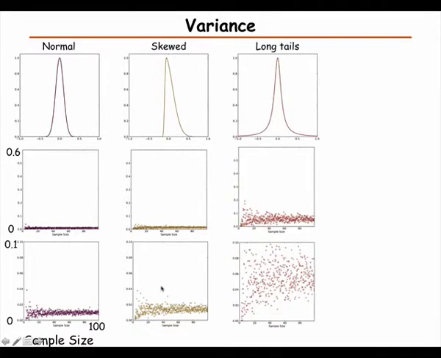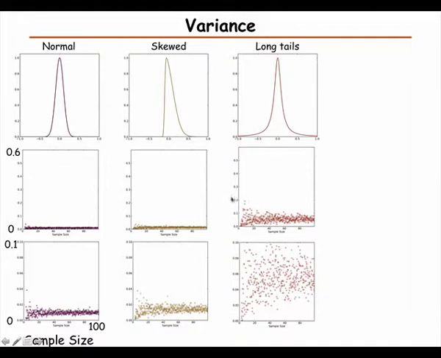For the one with the long tails, and remember, we only look at this distribution between -1 and 1. If we did it from -infinity to infinity, it would be even worse.